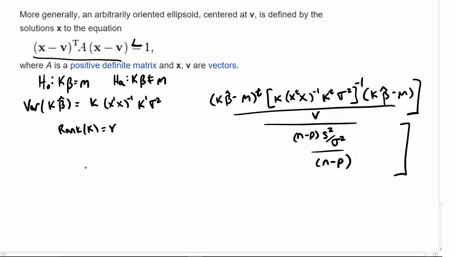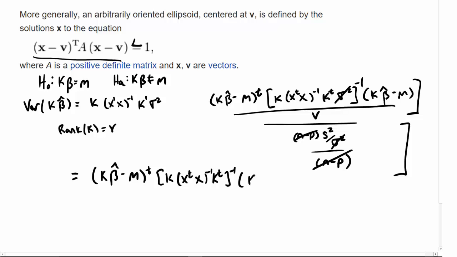And then let's organize terms. Again, we've already done this, but it's good for review. If we organize terms, we see that sigma squared cancels with sigma squared, n − p cancels with n − p, and we get (Kβ hat − m)ᵀ [K(XᵀX)⁻¹Kᵀ]⁻¹ (Kβ hat − m) divided by v s squared.